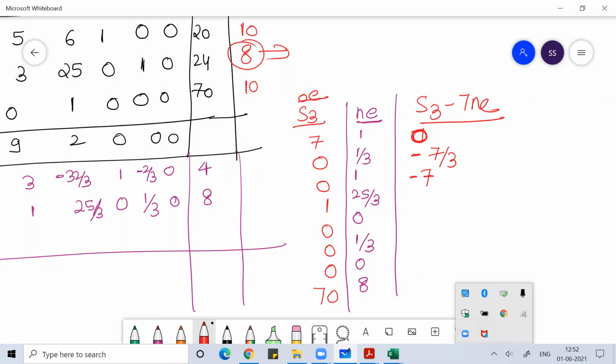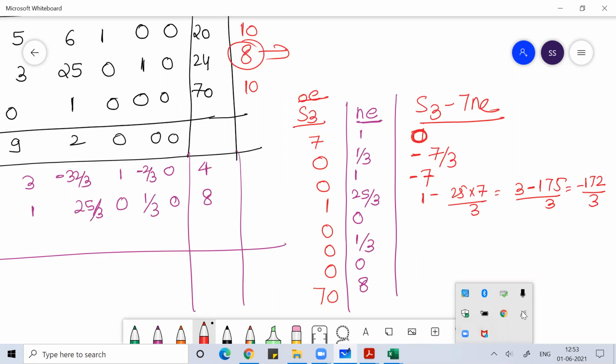Okay, then 1 minus 25 sevens, 25 sevens are 175 by 3. So 3 minus 175 by 3, that is minus 172 by 3.